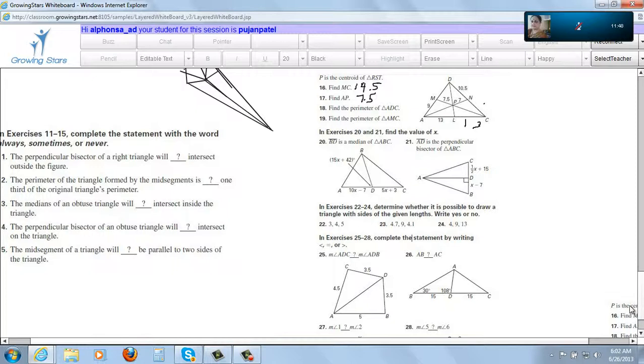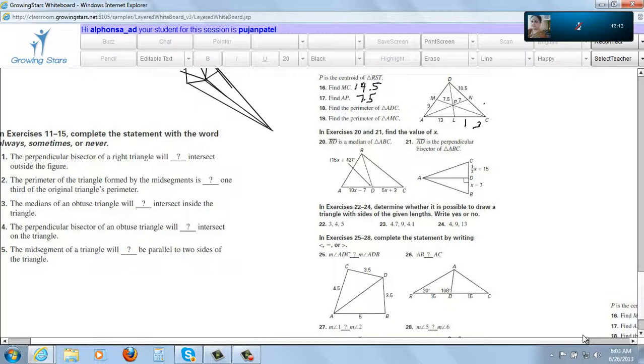Both of these will lie outside the obtuse angle triangle. In an acute angle triangle, they will lie inside the triangle.